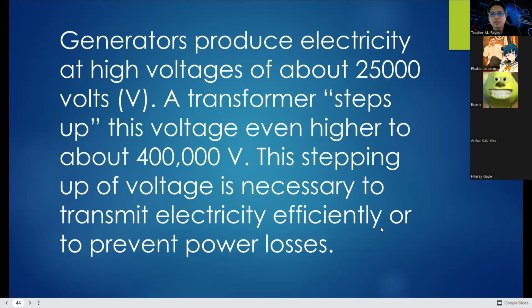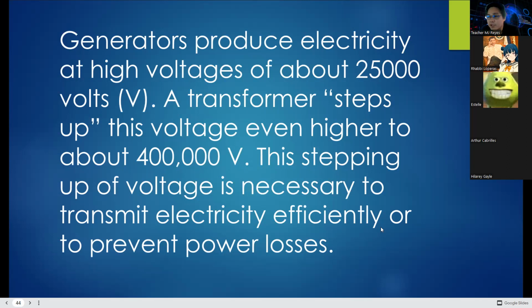Generators produce electricity at high voltages of about 2,000 or 25,000 volts. A transformer steps up this voltage even higher, up to 400,000 volts. This stepping up of voltage is necessary to transmit electricity efficiently and to prevent power loss.